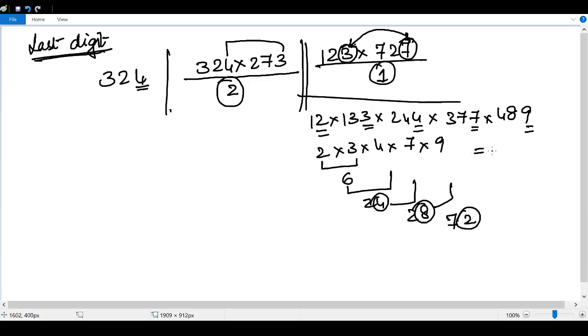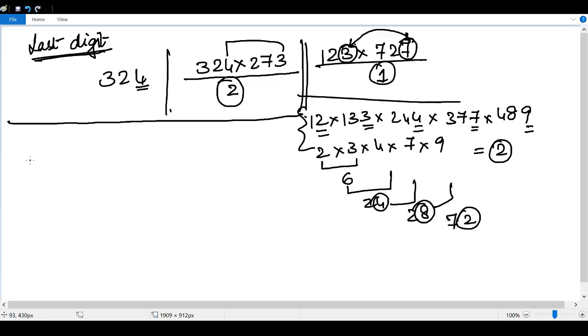So the unit digit of this is going to be 2. On a very simple note, irrespective of the size of the number, I have to consider only the last digit of the number.